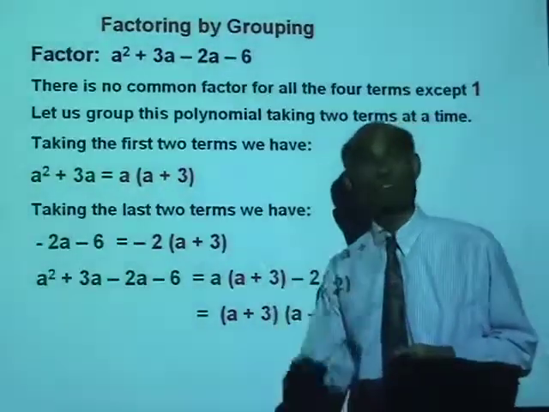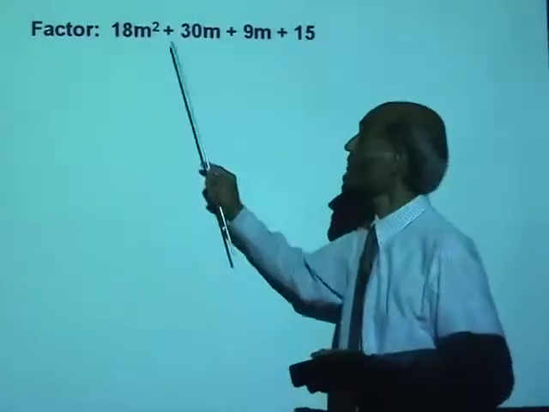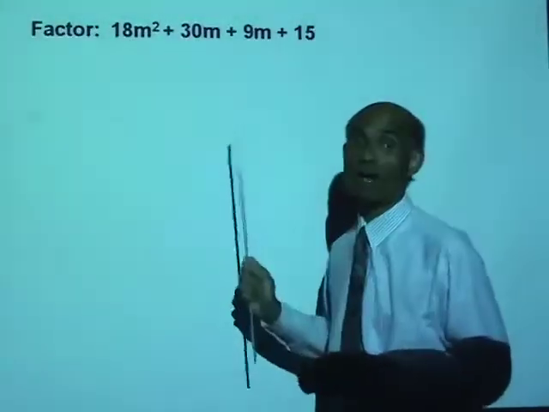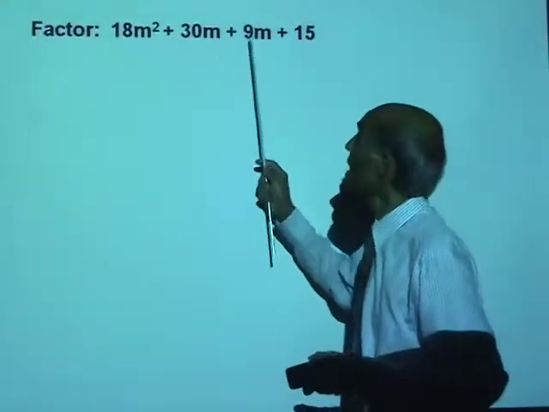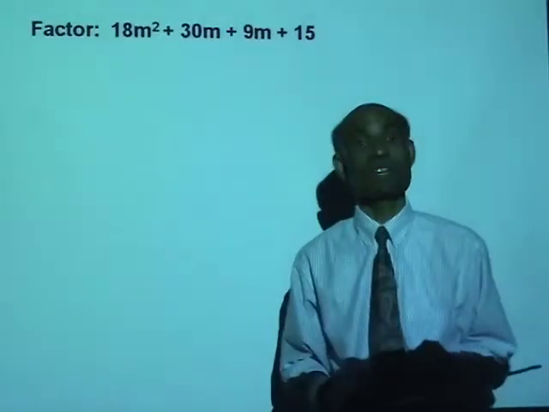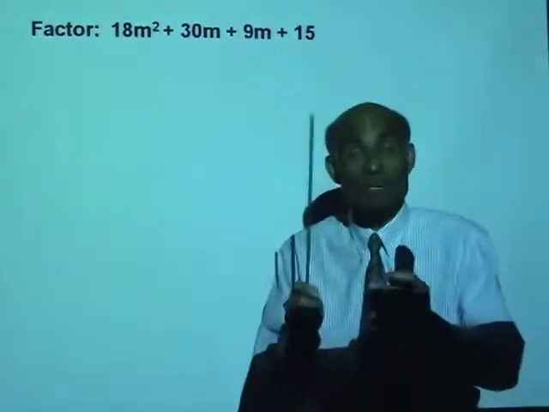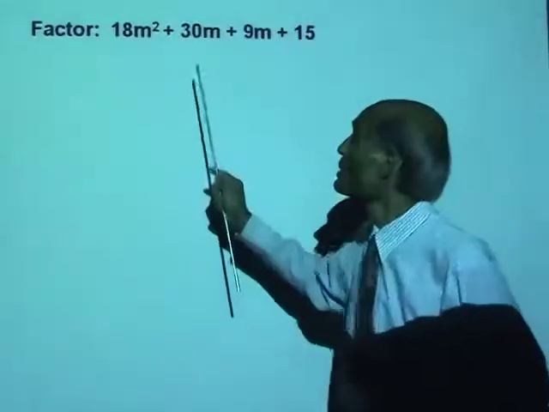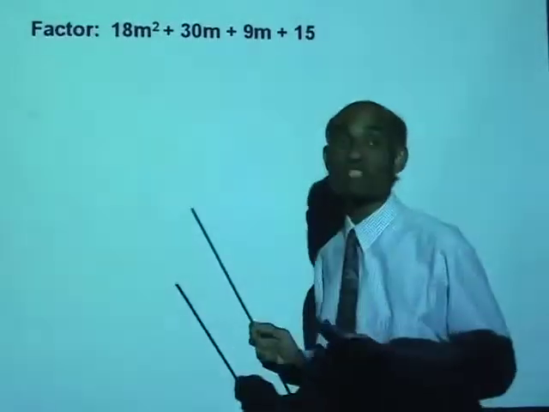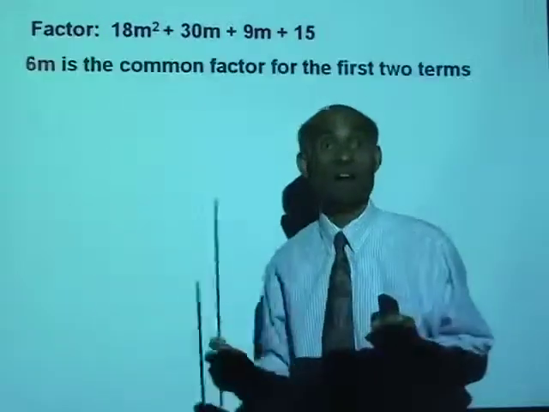Okay, let's practice with another example. Factor 18m squared plus 30m plus 9m plus 15. What is the method that we use here? Factoring by grouping. We group two terms at a time and find a common factor in those two terms and factor it.